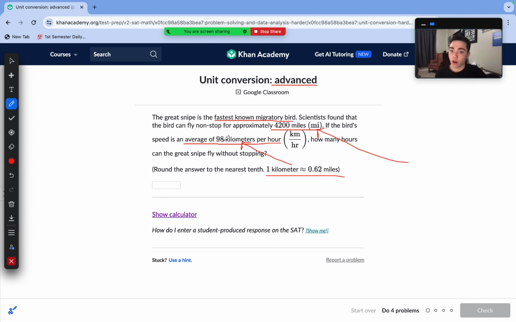So let's start off by converting 98 kilometers per hour into miles per hour. So real quick, we have 98 km over 1 hour, of course, that unit rate. Then we can just multiply that by 0.62 miles, represented by m, over 1 kilometer.